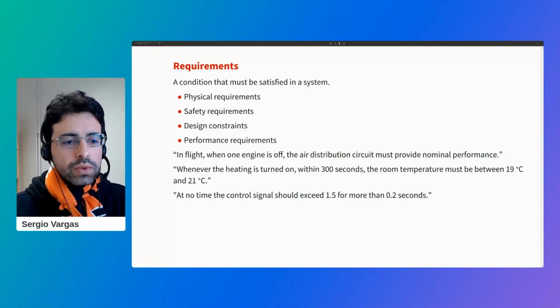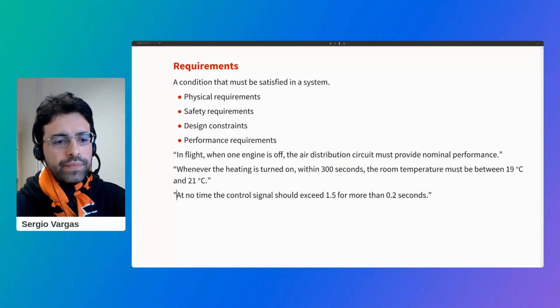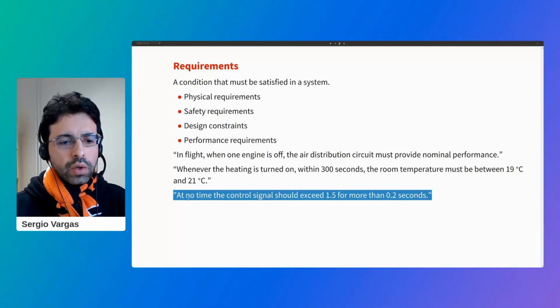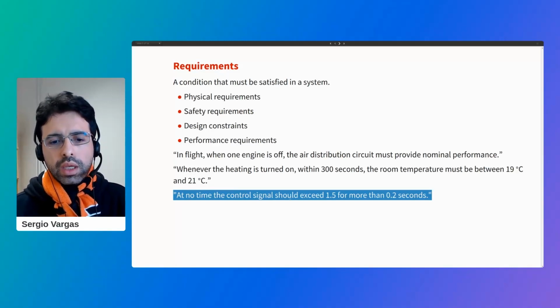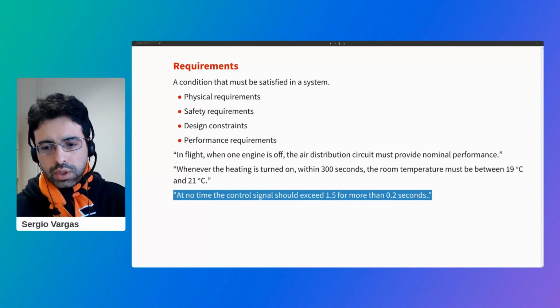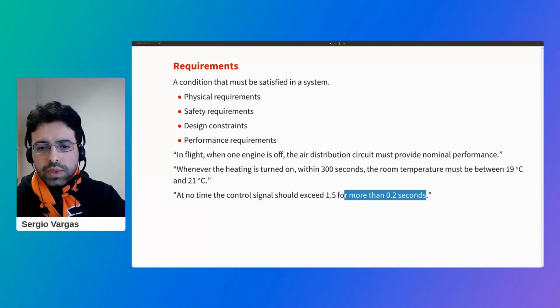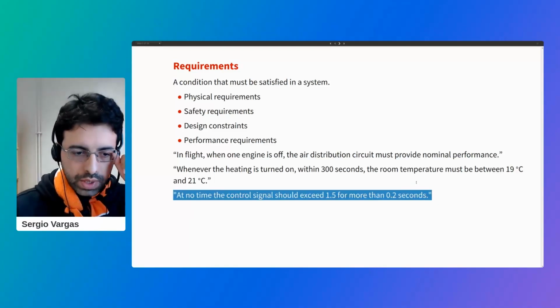Or maybe you want to say something like this. Another way in which requirements can be complicated is in this way. For instance, in this example, at no time should the control signal exceed a value for more than 0.2 seconds. So notice that here we're talking about the duration of a specific phenomenon in your system, which means another level of complexity in your requirements.